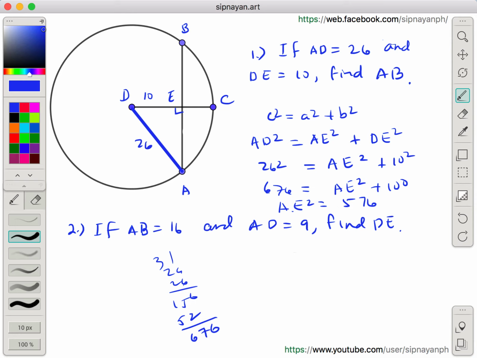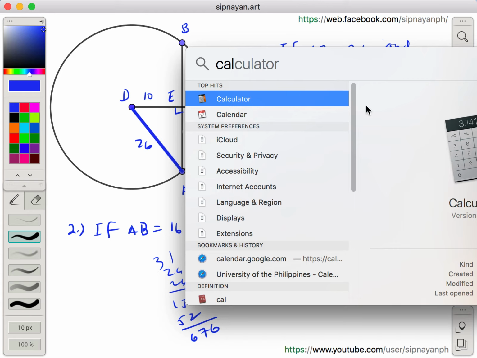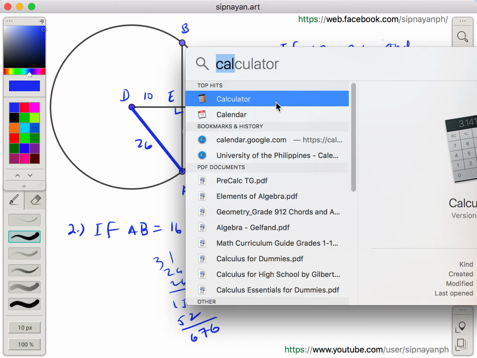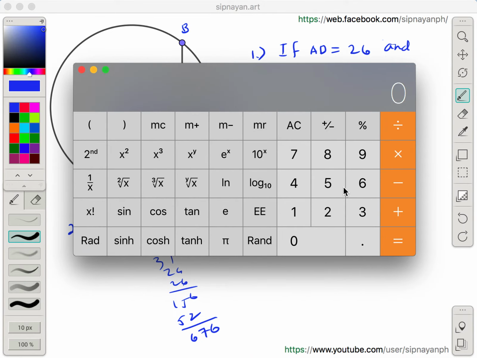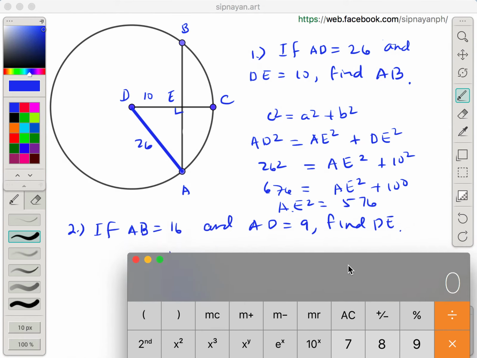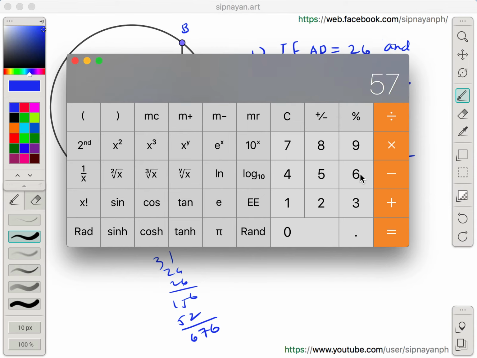So maybe we can use a calculator to find the square root of 576. Okay, so square root of 676. Oh, sorry. Hindi na 676, 576 na kasi nag-minus na tayo, di ba? So 576.